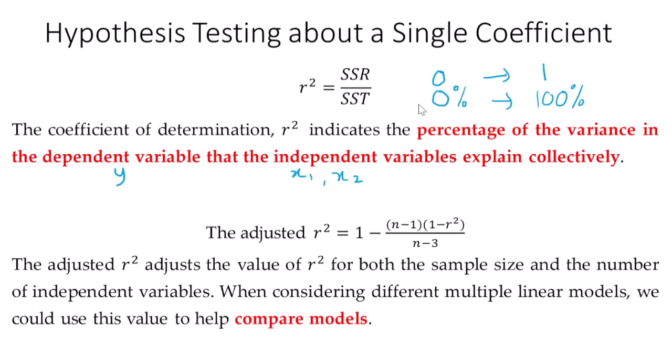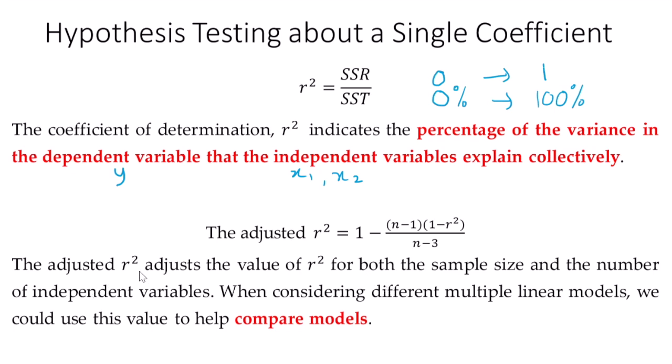An R-square of 0% represents a model that does not explain any of the variation in the dependent variable around its mean. An R-square of 100% represents a model that explains all of the variation in the dependent variable around its mean. Now, the adjusted R-square is actually a better measure than the R-square because it factors in the number of independent variables.